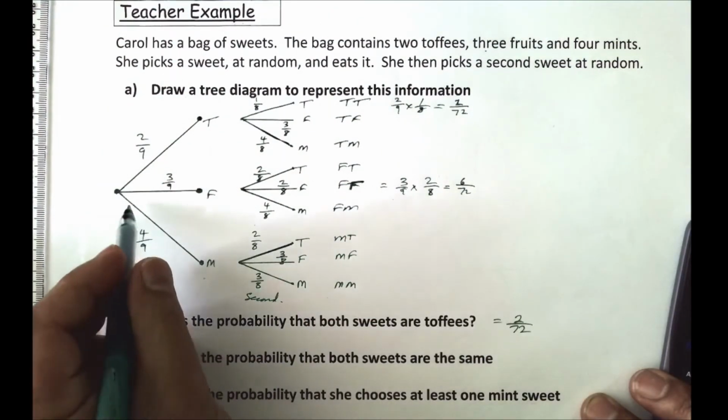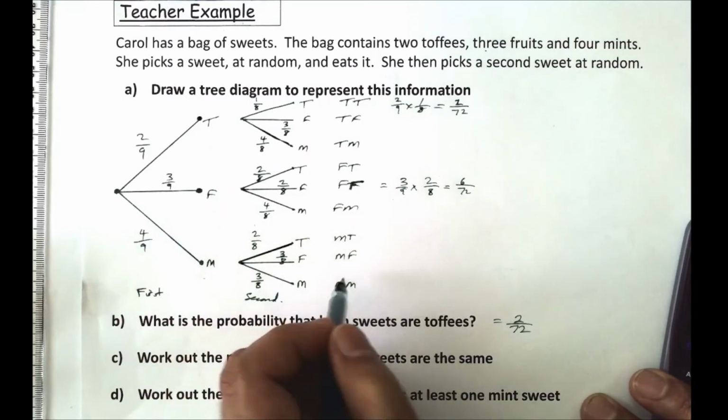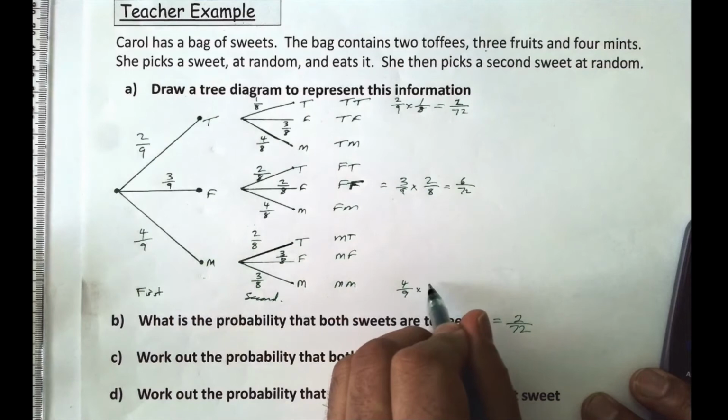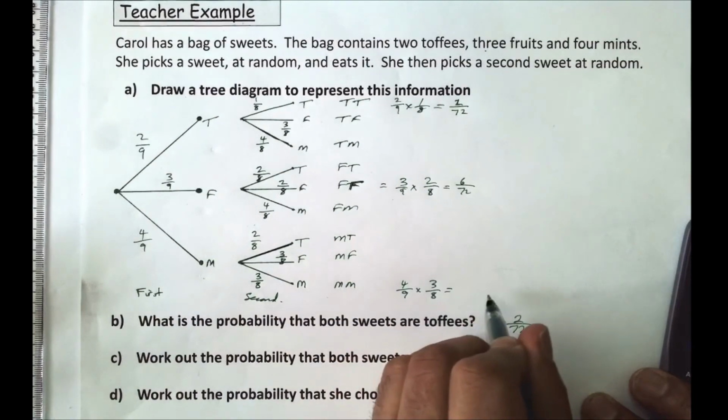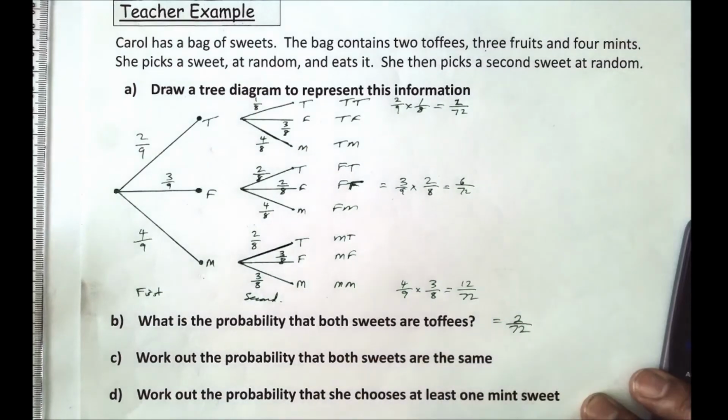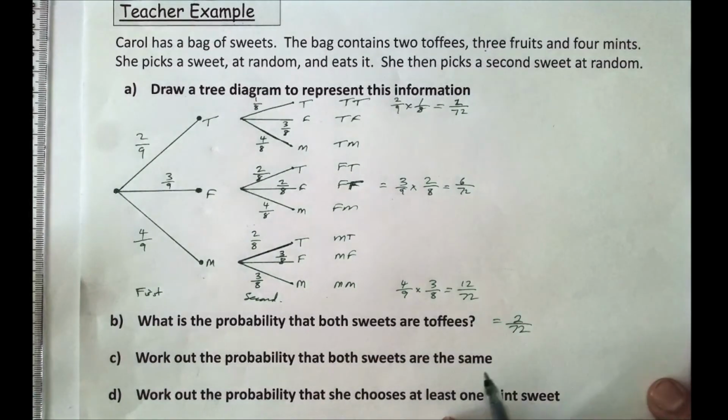And we also need to have the option of the mint and mint, which is again 4 over 9 times 3 over 8, which gives you 12 over 72. So for this answer, we need to add the three values.